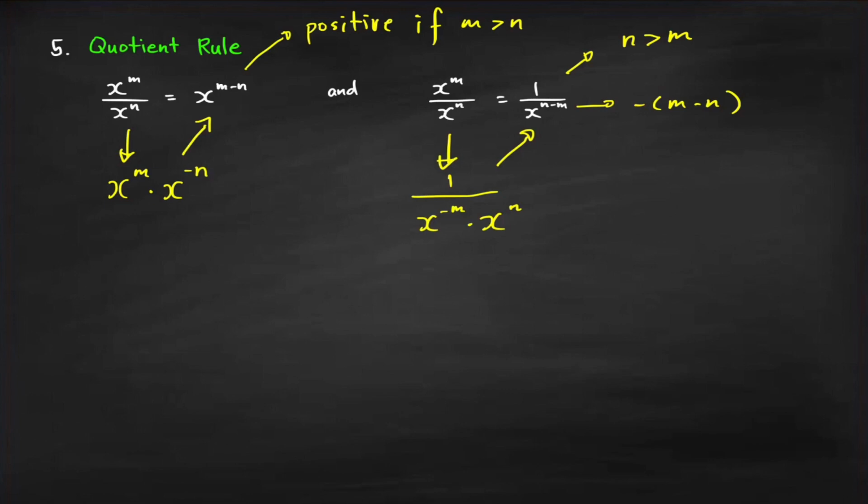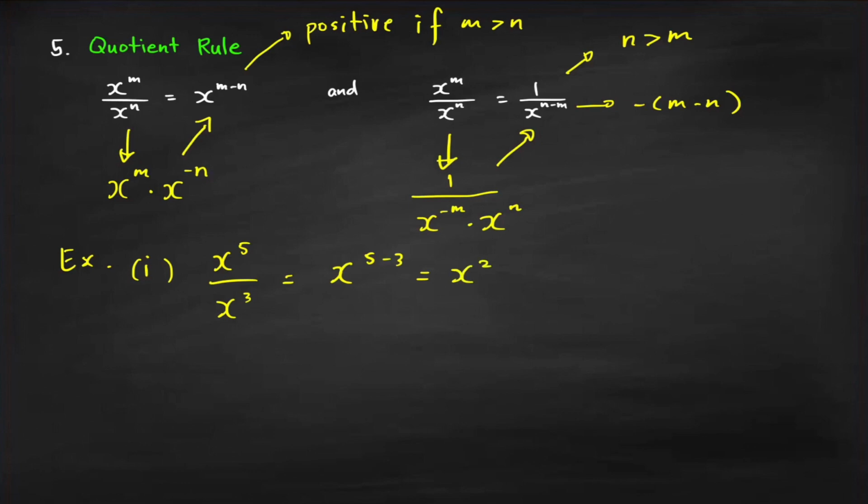Let's have some examples. So let's say you have x raised to 5 over x raised to 3. The power of the numerator is larger than the power of the denominator, so we use the first equation. So we have here 5 minus 3, which is equal to x squared.